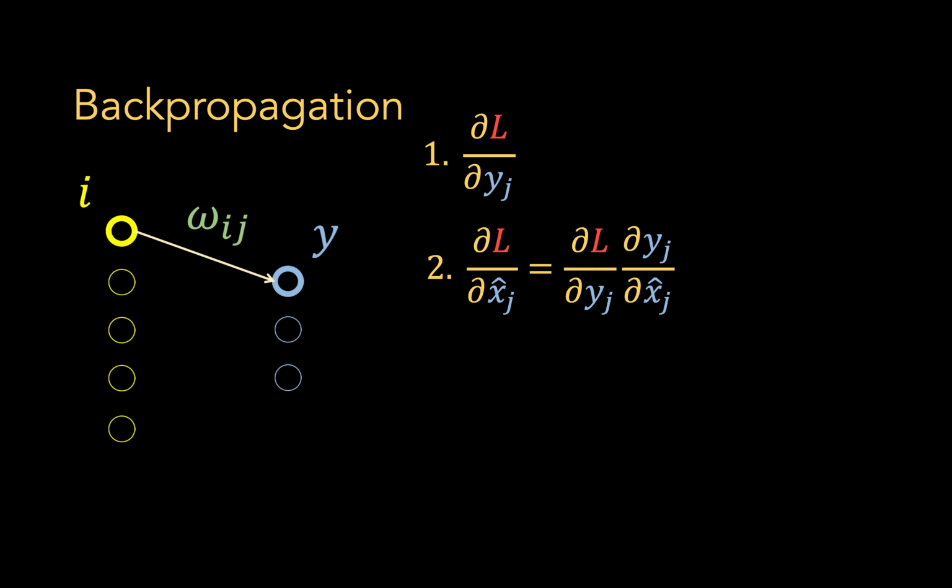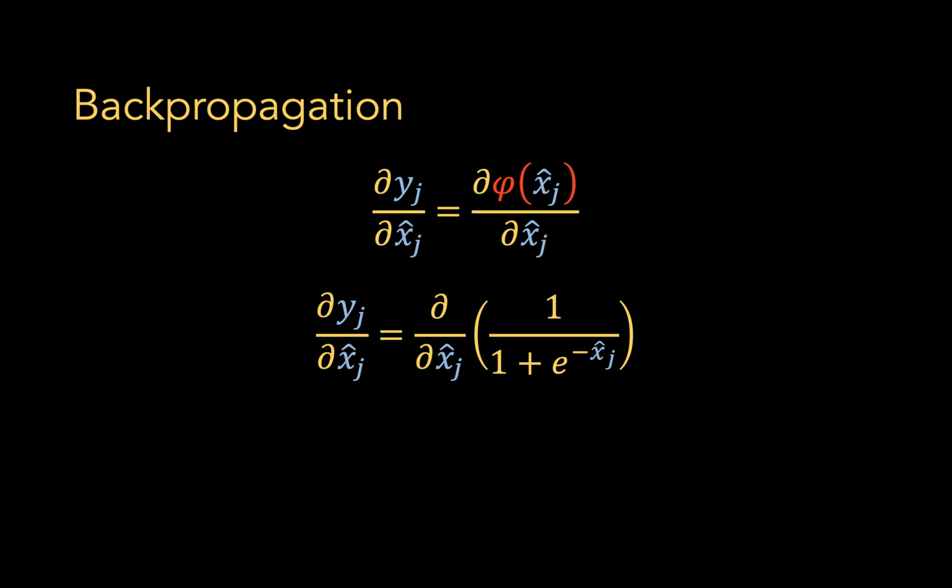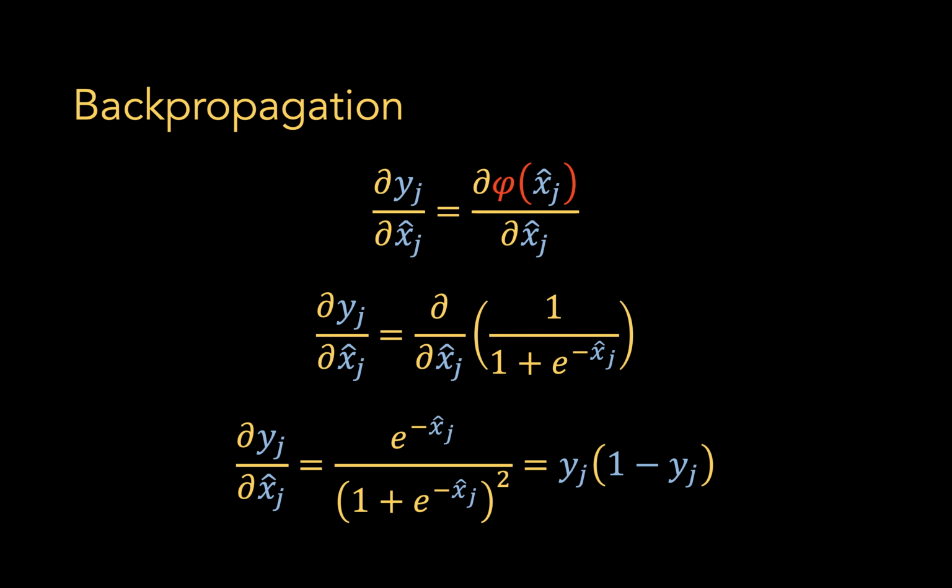This can be done via the chain rule of differentiation, where we know dL/dy_j from step 1. Now, dy_j over dx̂_j just depends on the activation function being used, and for now, let's just use sigmoid as an example.